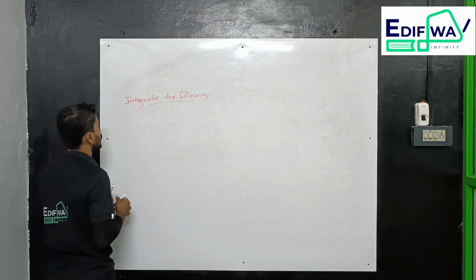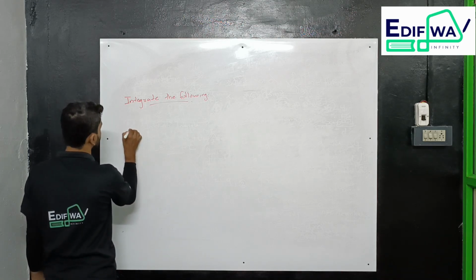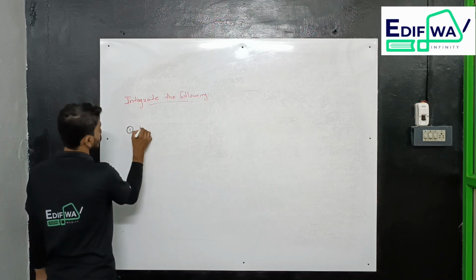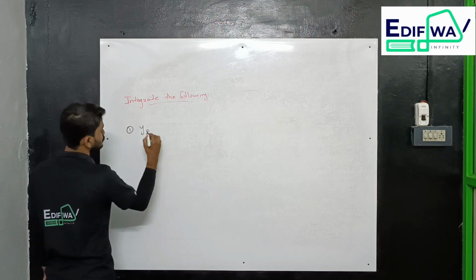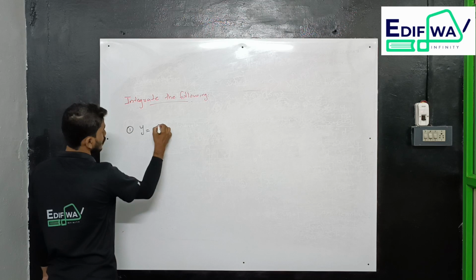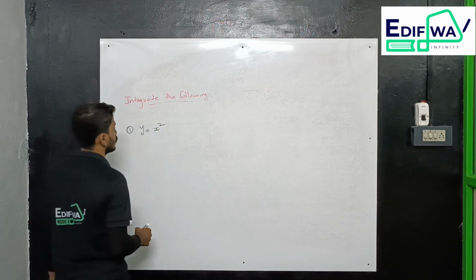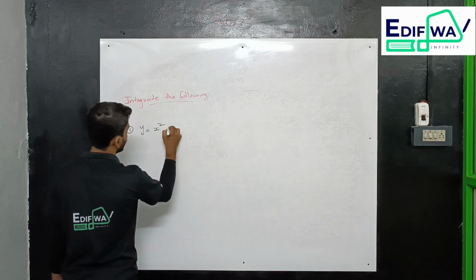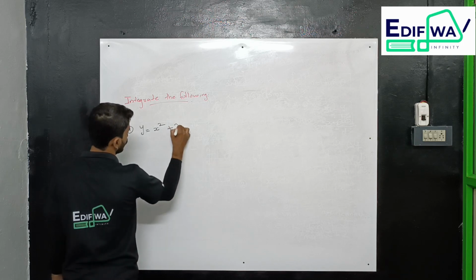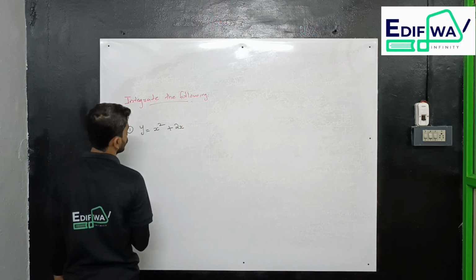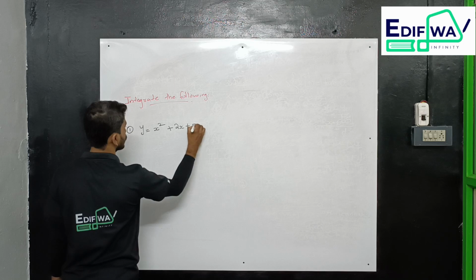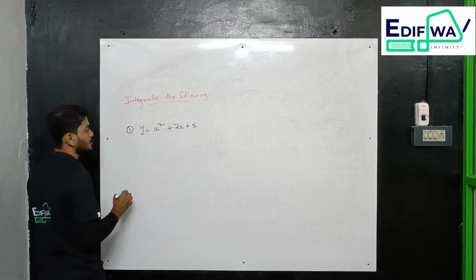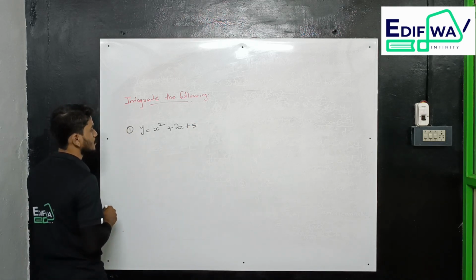Your first question is y is equal to x square plus 2x plus 5.